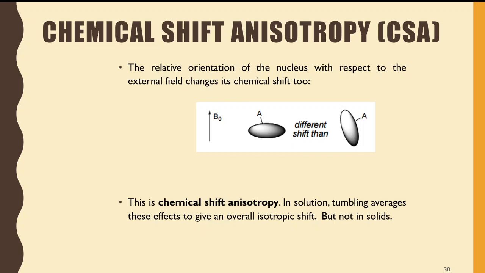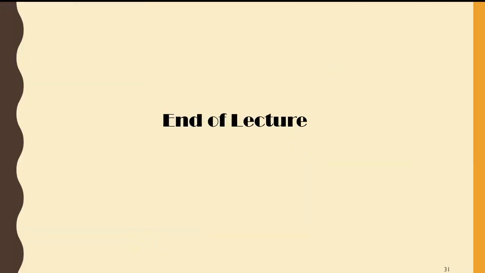Then study the effect of the electron withdrawing group with respect to the chemical shift. The rest is extra information so that you have a better understanding of the chemical shift and what governs it. All right, so that's all.